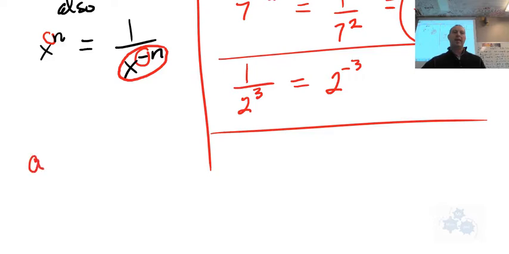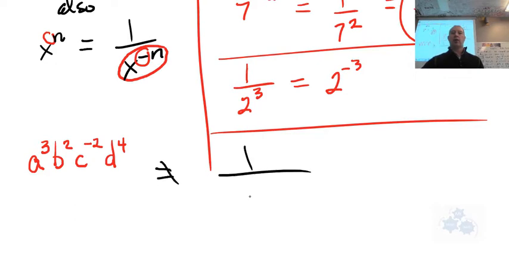If you have a to the power of 3 times b to the power of 2 times c to the negative 2 times d to the 4, and I want you to write this in a form where there are no negatives in the exponent position, only positive exponents, you would not do this. It doesn't equal this: 1 over a cubed b squared c squared d to the 4th. You don't bring everything down.